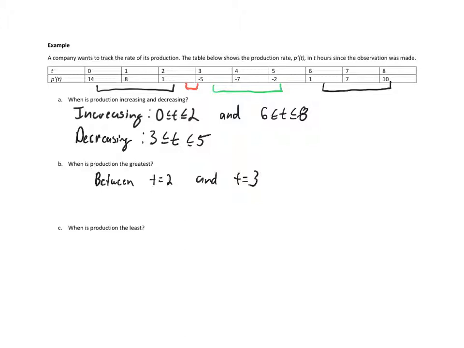When is production the least? Well, we get minimums when the function goes from decreasing to increasing. So that would be during this time here where we shift from a negative slope to a positive slope. So when is production the least? I would say between t equals 5 and t equals 6.